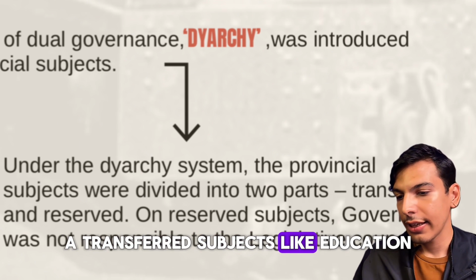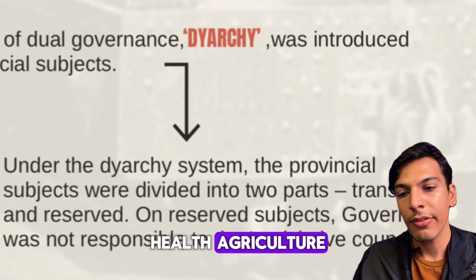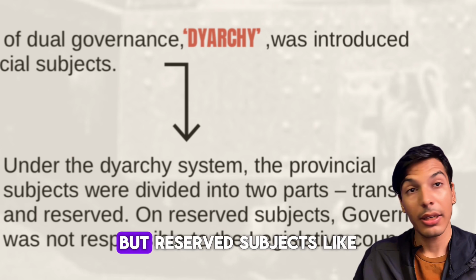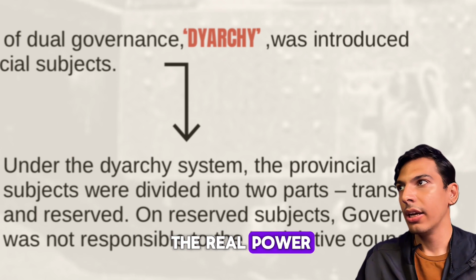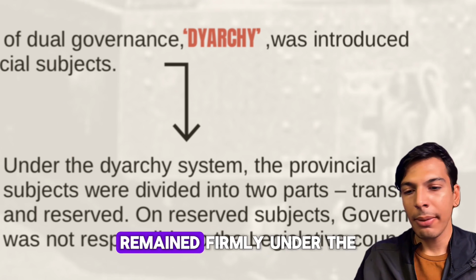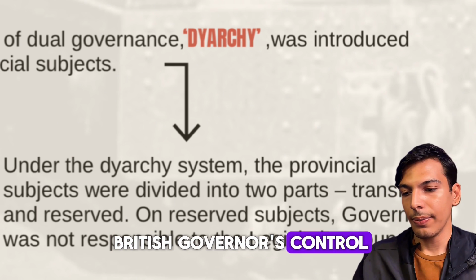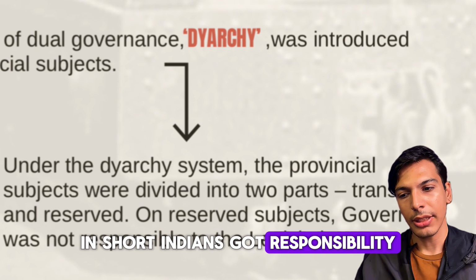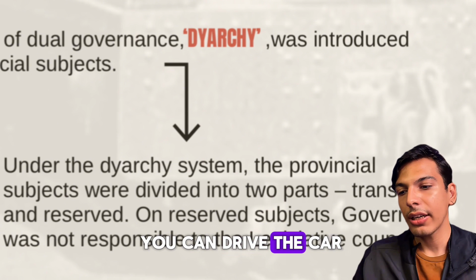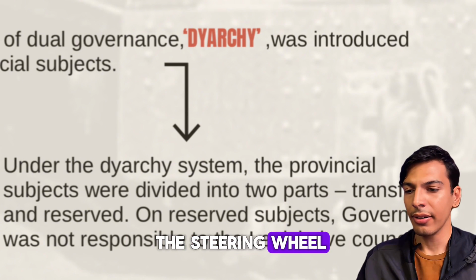Transferred subjects like education, health, agriculture were handled by Indian ministers who were responsible to the legislature. But reserved subjects, the real power, like finance, law and order, justice, and police, remained firmly under the British governor's control. In short, Indians got responsibility, but without any real authority. It's like being told you can drive the car, but someone else holds the steering wheel.